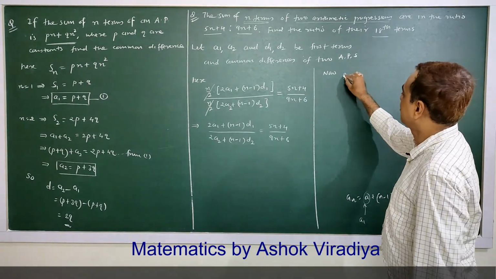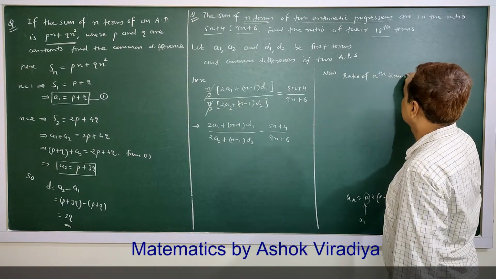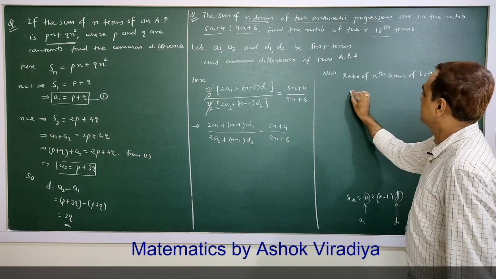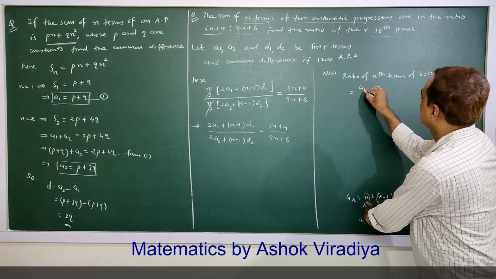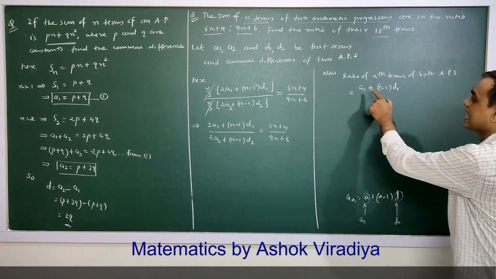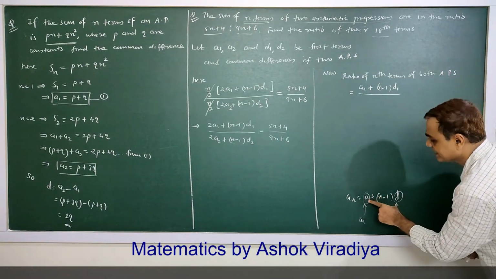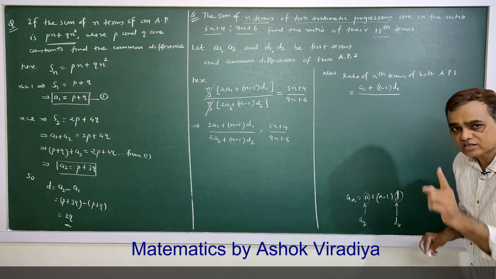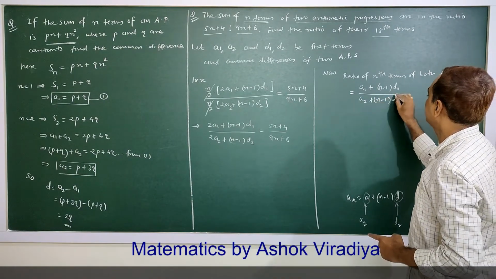So ratio of nth terms of both APs is equal to A1 plus n minus 1 into D1, this is nth term of first progression, upon, replacing A by A2, D by D2, nth term of second progression, A2 plus n minus 1 into D2.